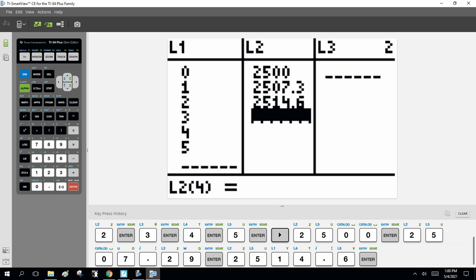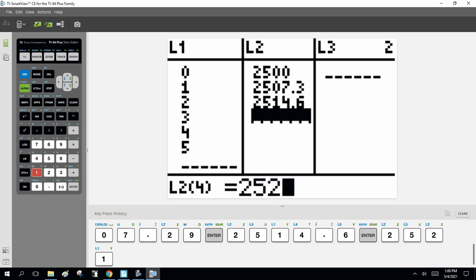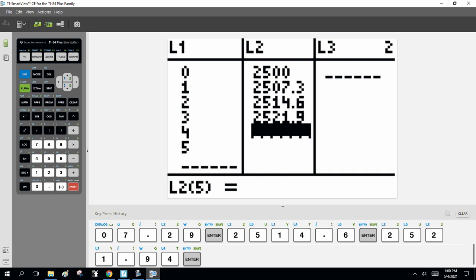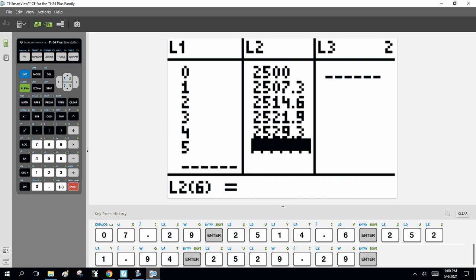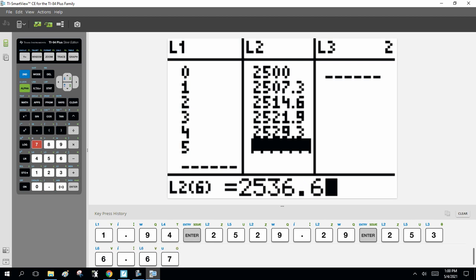Now you notice here, because of the number of digits, it's rounding off to 1 decimal place. It's supposed to go to 2, but it just can't display them all, so that's fine. As long as you put it in correctly, the graphing calculator will calculate that. Then 2,521.4, 2,529, this is rounding off, and 2,536.7, enter.